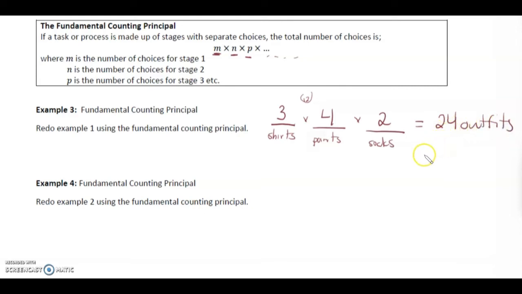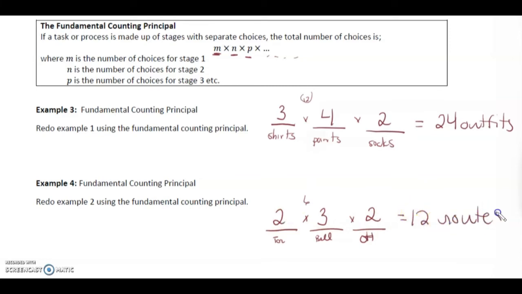Much faster. Now let's redo example 2. We have the routes to Toronto times the routes to Belleville times the routes to Ottawa: 2 routes to Toronto, 3 routes to Belleville, 2 routes to Ottawa. 3 times 2 is 6, times 2 is 12. So we have 12 routes.